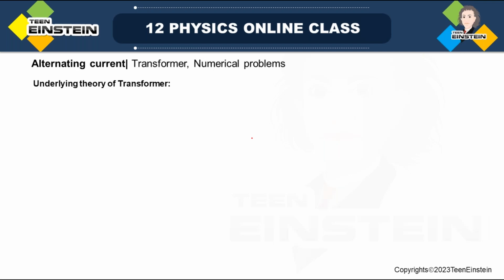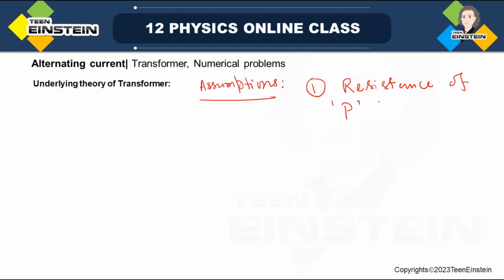Before we go for discussing the underlying theory, we have to make some assumptions. First assumption is that the resistance of the primary coil is very low. Resistance of the primary coil is negligible.